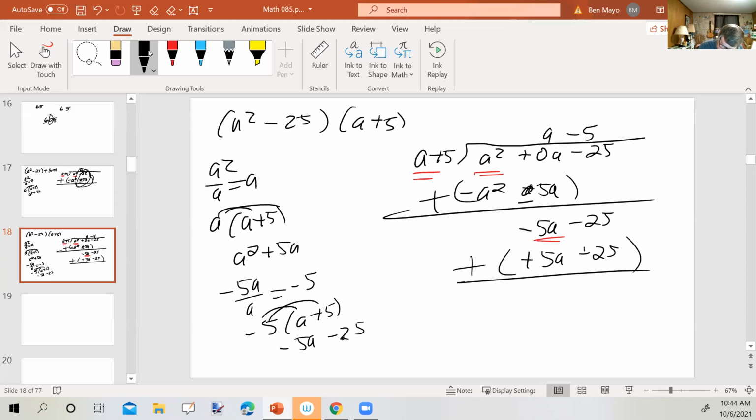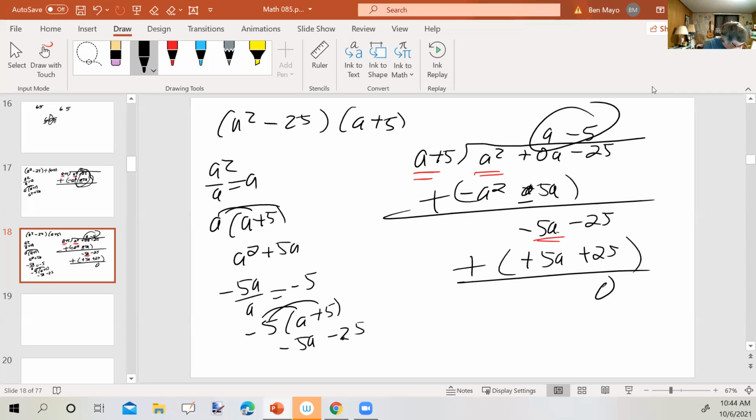Change it to addition of the opposite. Add up the like terms. Negative 5a plus 5a is 0. Negative 25 plus 25 is 0. So the answer is a minus 5. So again, we create a column for a missing power of the variable so that things line up nicely. Any questions on this particular example?